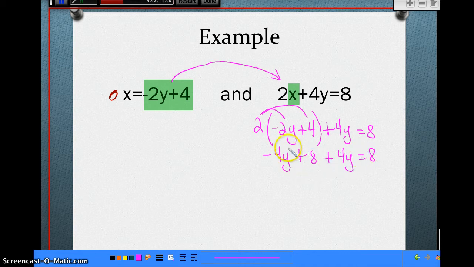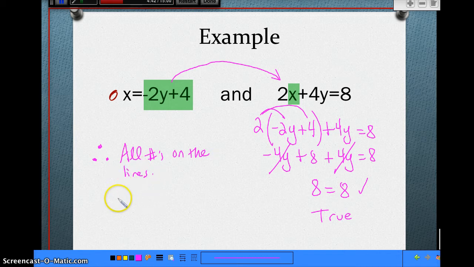Combining your like terms, you'll notice that the negative 4y and the positive 4y cancel each other, and you end up with the variables going poof, and the ending statement is true. So I don't have to go any farther, because this means all real numbers, all numbers on the lines.